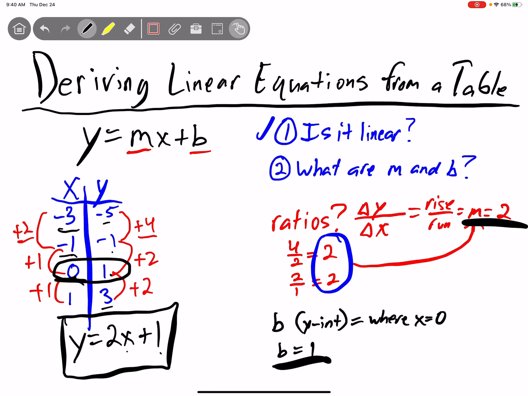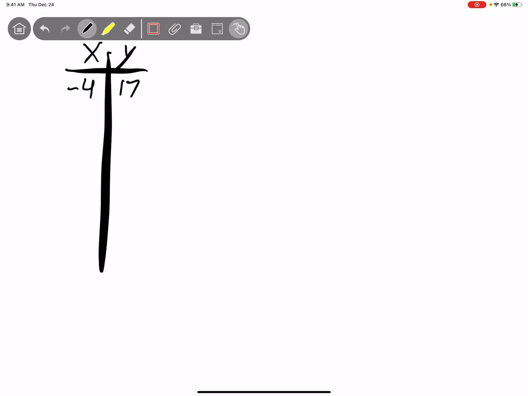So what does it look like if a table is not linear? Well, let's see. So if I have this table, again, is it linear?